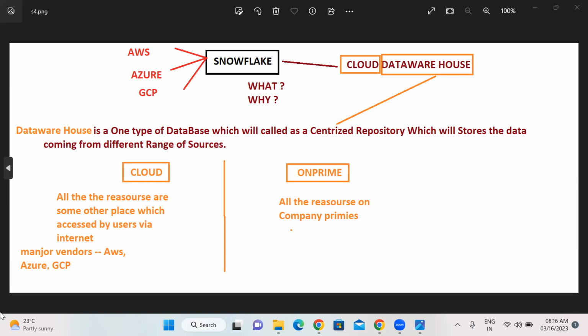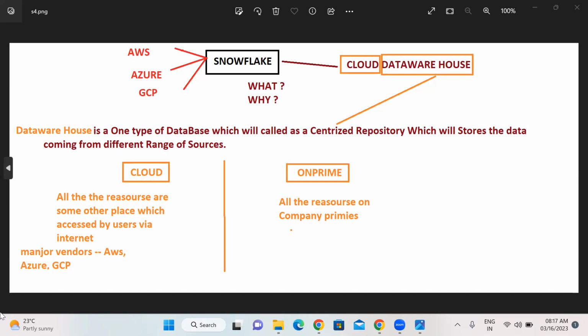That's why people maintain the latest data in databases, and if you want to maintain old data, that time we will use data warehouses.